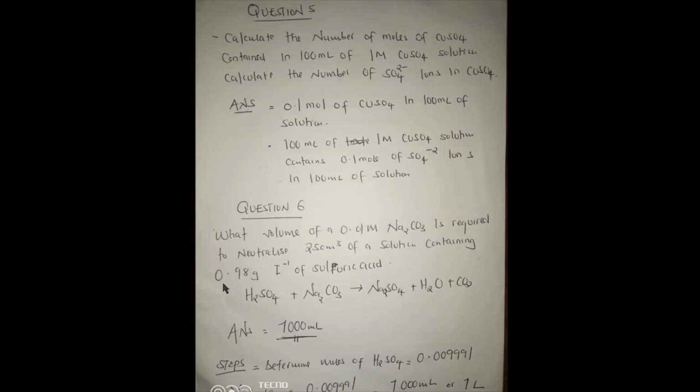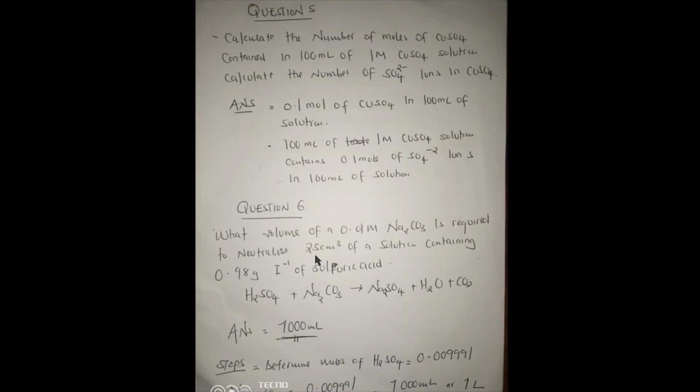Okay, so question 6. What volume of 0.01 molar sodium carbonate is required to neutralize 25 centimeters cubed of a solution containing 0.98 grams of sulfuric acid? So this is the reaction that takes place. So the steps: first, determine the moles of sulfuric acid. You've been given the grams and the volume of sulfuric acid.